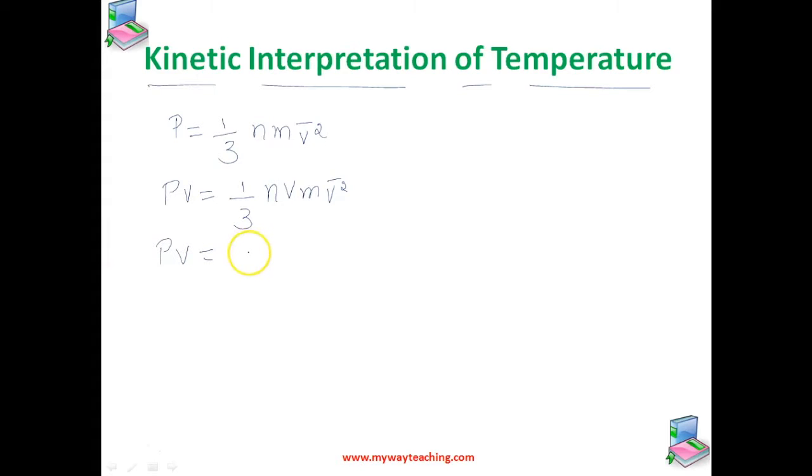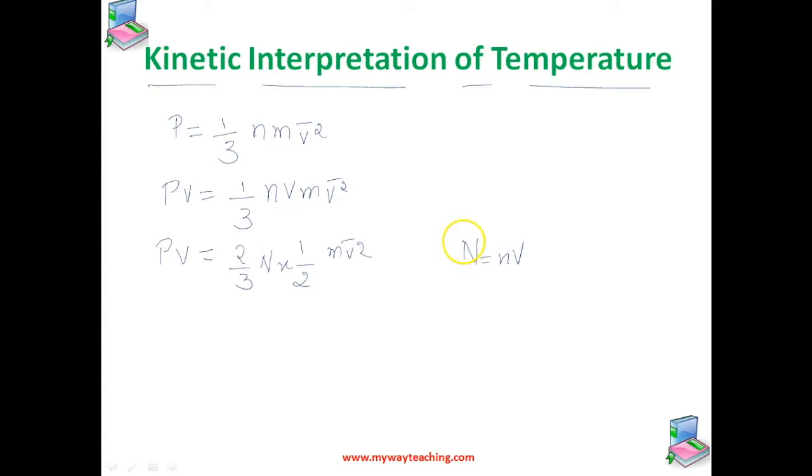That is, PV is equal to 2 by 3 n V times 1 by 2 m v bar square, isn't it? Here capital N is equal to n into V, the number of molecules in the sample.